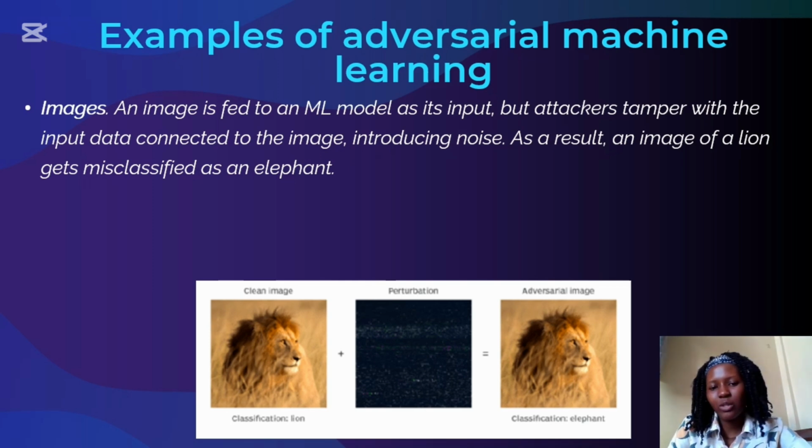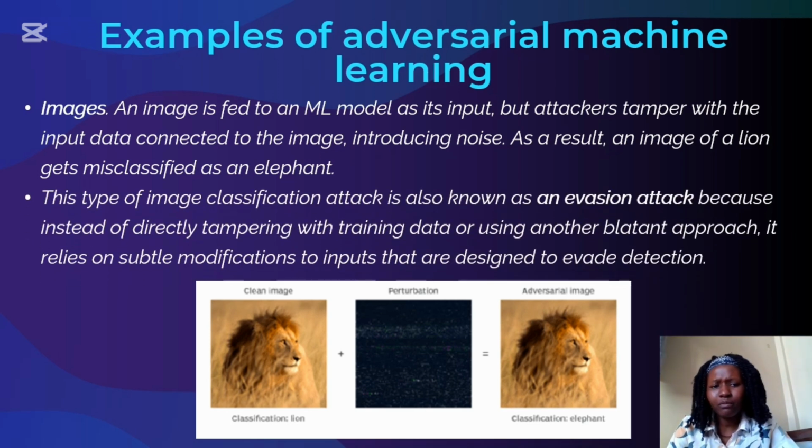But after adding a small perturbation to this image, this adversarial image over here, once fed into the machine learning model, will be seen as an elephant, which as you can see is not the case. This type of image classification attack is known as an evasion attack because, instead of directly tampering with the training data or using another blunt approach, it relies on subtle modifications to the inputs themselves that are designed to evade detection.